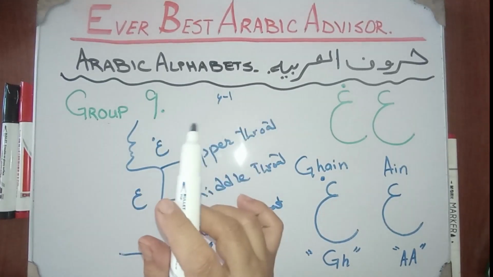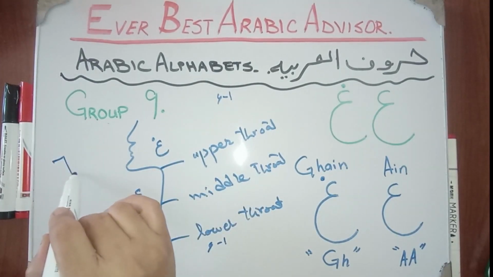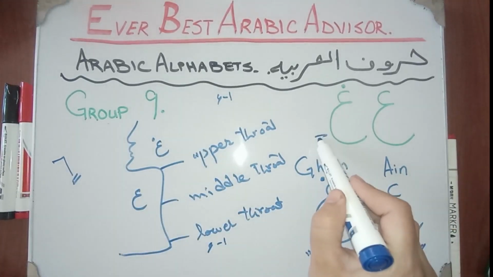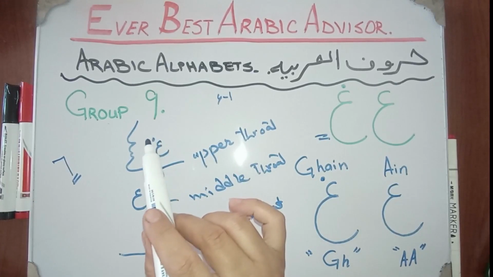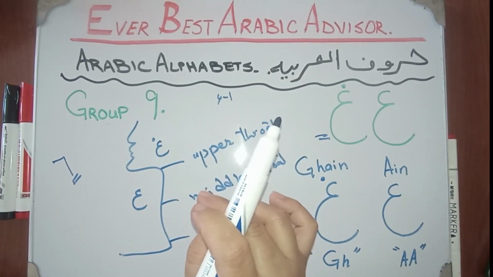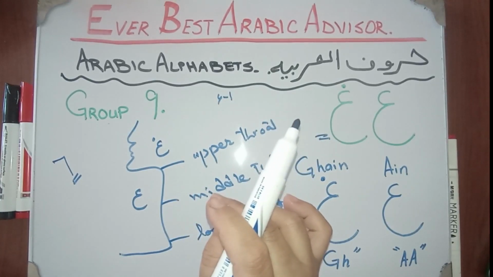Ghain is also one of the heaviest letters of Arabic. In Arabic, 7 letters are always spoken heavy and they are called heavy letters, and Ghain is one of them. Ghain makes a resistance in your upper throat. Ghain, Ghaibun. Just like this.